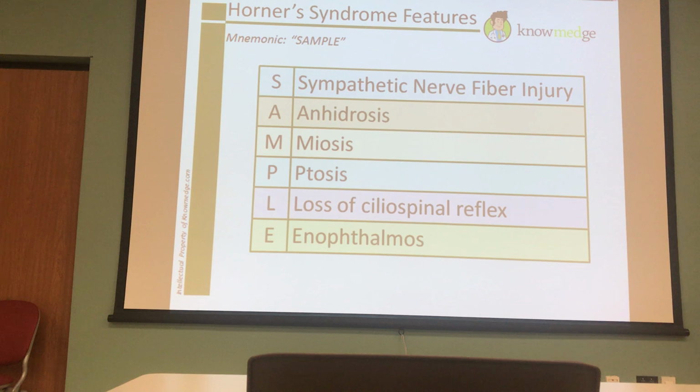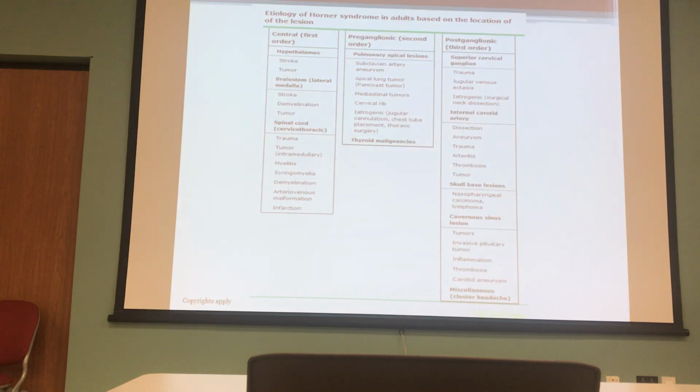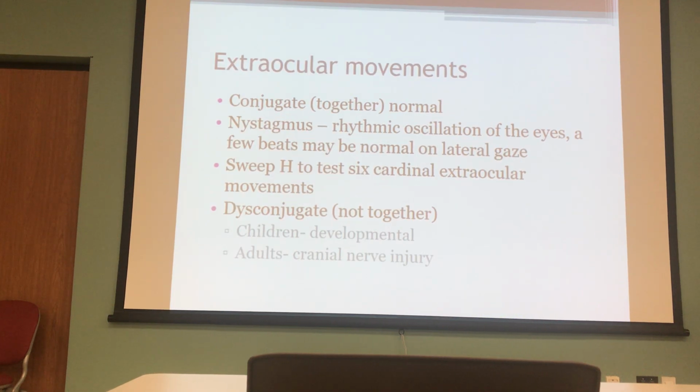That's why you have one pupil bigger than the other, and enophthalmos, which means the eye is sunken back. Jesus, all these words are new. These are the etiologies of Horner syndrome. You don't have to remember that, but I just put it in there in case you wanted to, because you might be curious.